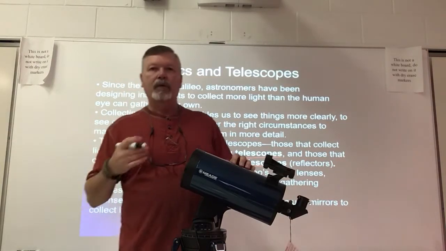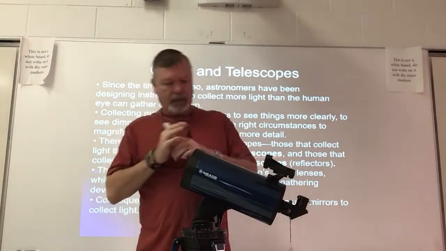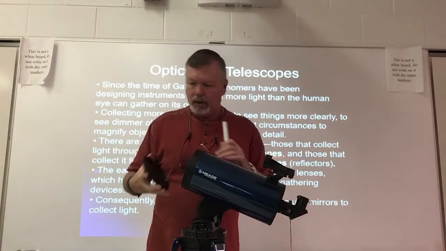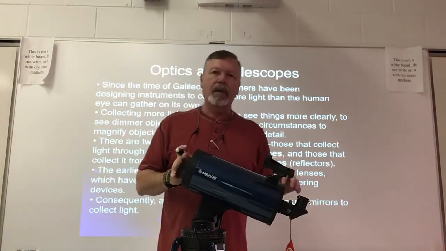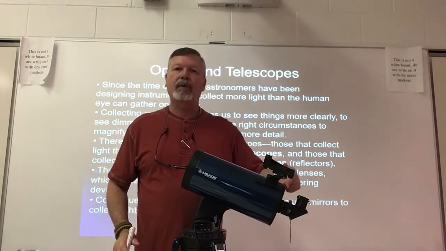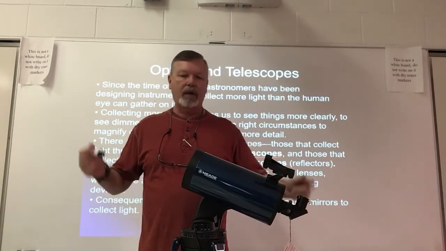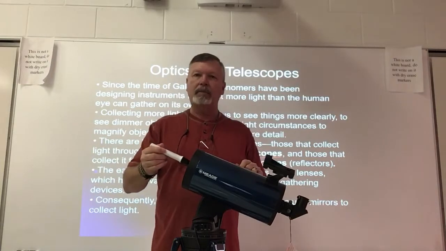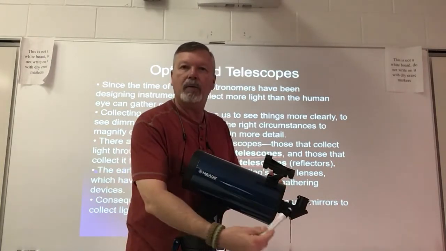Reflecting telescopes, there is nothing in the front. The mirror is in the back of the reflecting telescope, and the eyepiece is back here too. So what you have happening is the light comes in, it hits the mirror in the back, okay, so it hits the mirror here in the back.